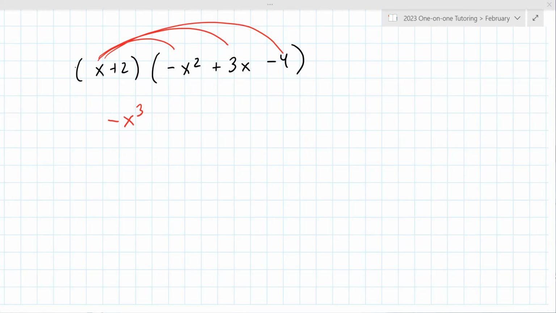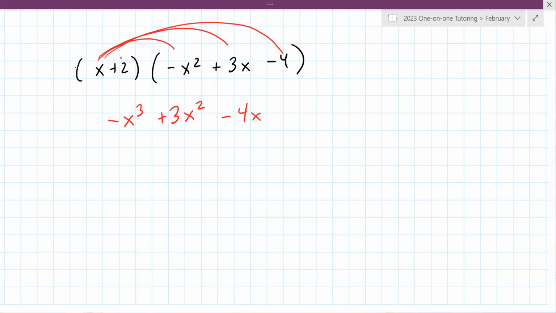And then cubed. Yes, because it's the x times the x squared. So x times the 3x is 3x squared. Good. And then negative 4x. Yes.